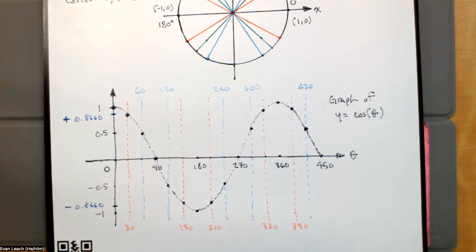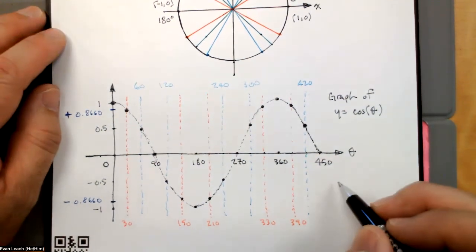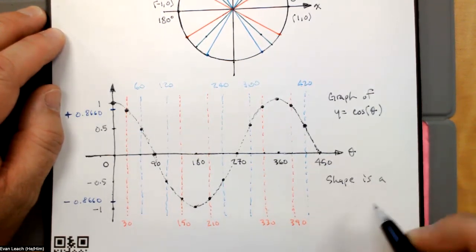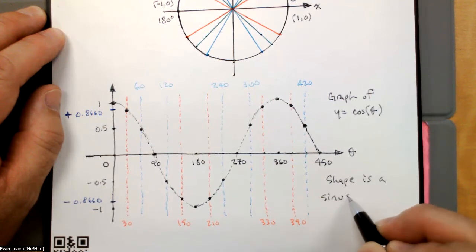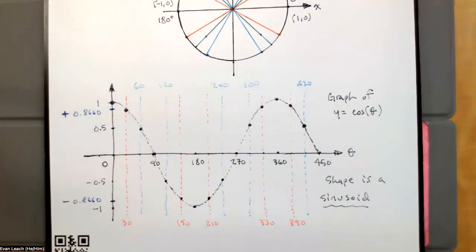The shape of this graph is called a sinusoid. And if we want to make an adjective, we call it a sinusoidal. We put an O at the end of it. Sinusoidal. Any questions?